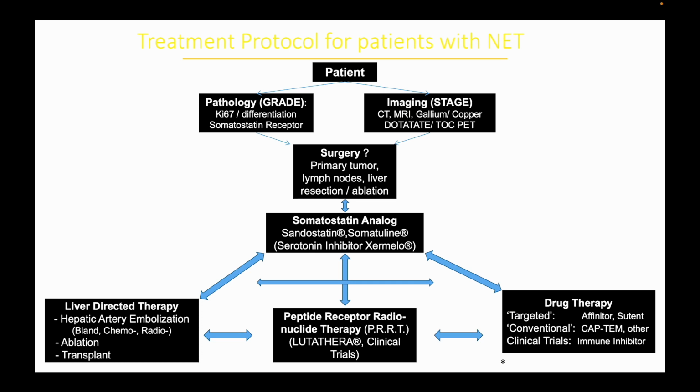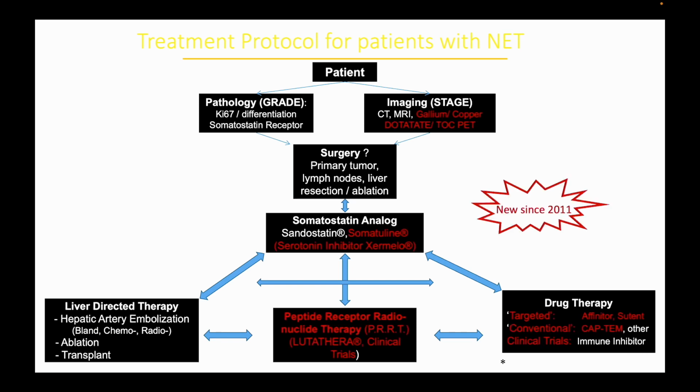One thing about therapy, we'll be hearing other talks about the various forms of therapy: surgery, monthly injections, PRRT, drug therapies, liver-directed therapy. One thing that I want to point out to you, and it's something that Dr. Maluccio mentioned, is that when you look at this group of treatments, one thing that's really important to remember is that these ones are new since 2011.